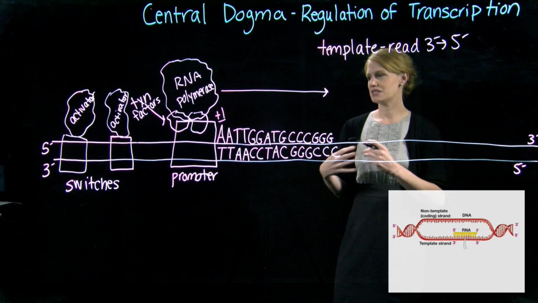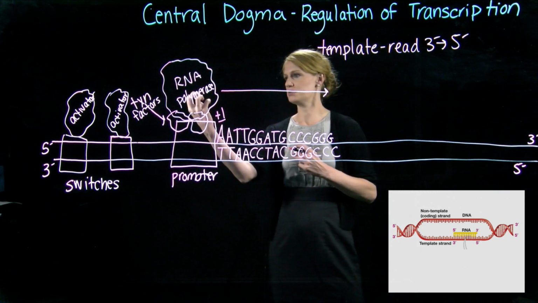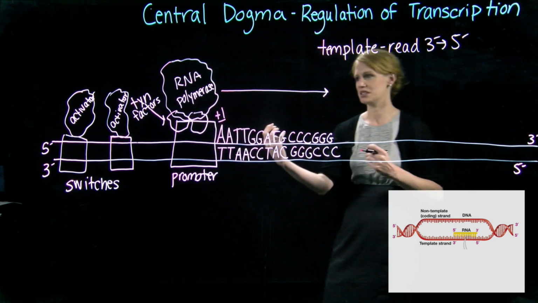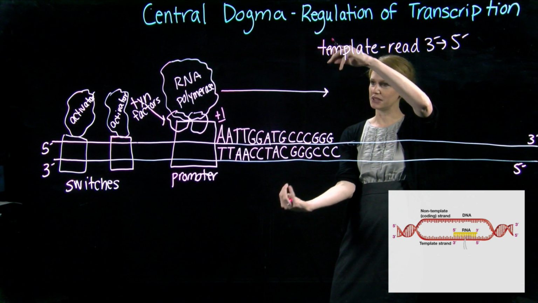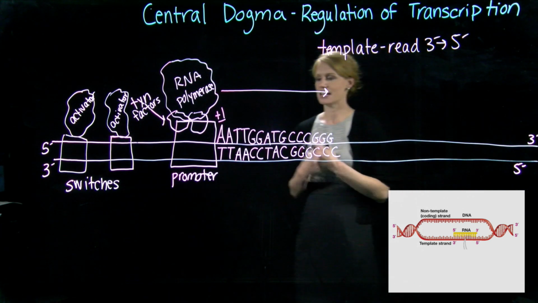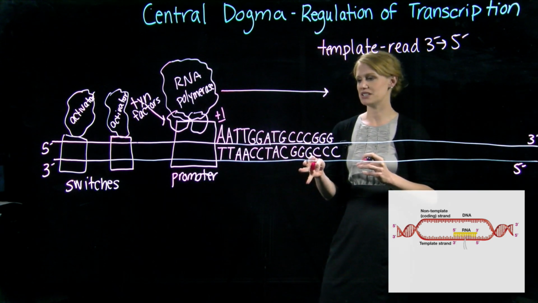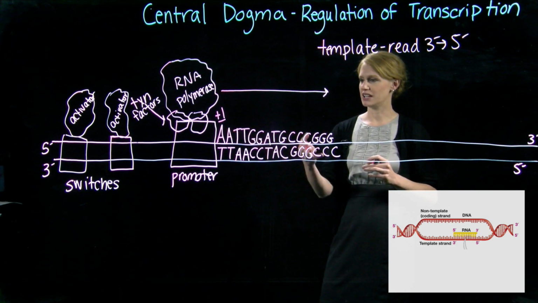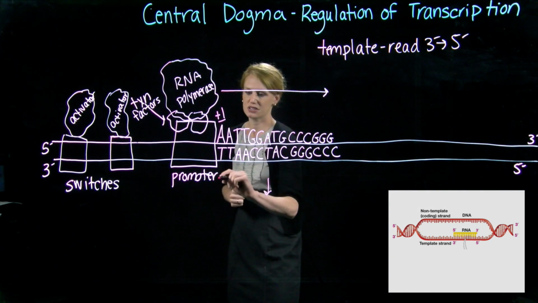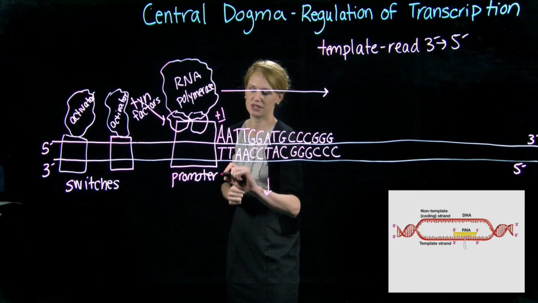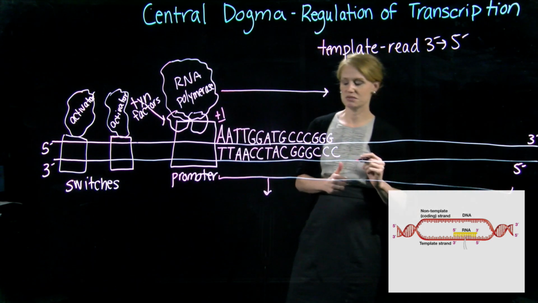So what happens when an activator binds to a switch and transcription factors bring RNA polymerase to the promoter is that the two strands of DNA are separated by RNA polymerase, and RNA polymerase is going to make a single-stranded copy of RNA that is complementary to the template strand. So when RNA polymerase sits down at the promoter, it's going to start transcribing at the +1 nucleotide.